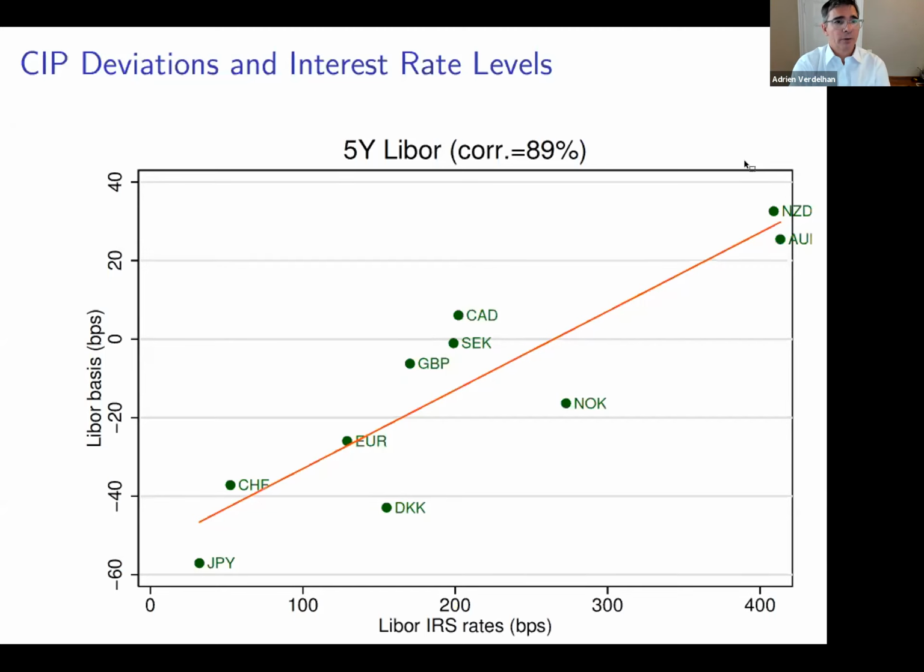Why not just go and enjoy this opportunity? And some of them do. I think what the question raises is also very interesting in the following sense. It forces us to think about the microstructure of the market and how this can have implications both on the CIP deviations and on the risk-return trade-off. This is a very good point. There is no reason why those two literatures should go in opposite directions.